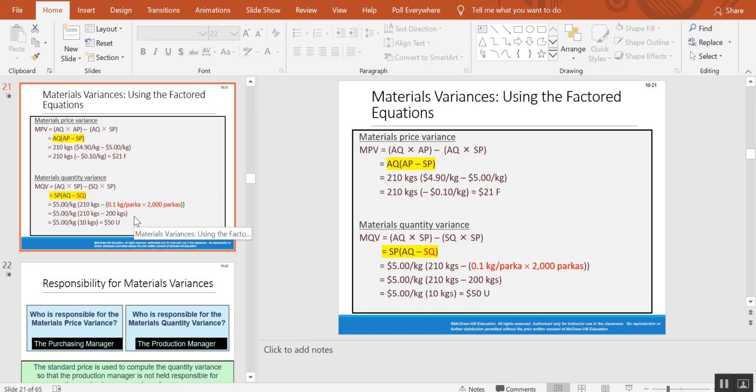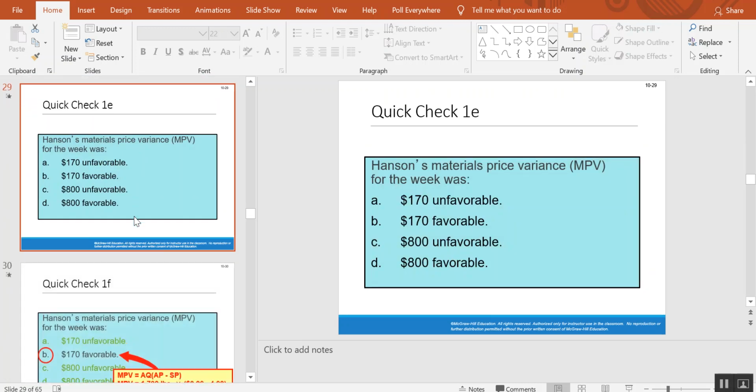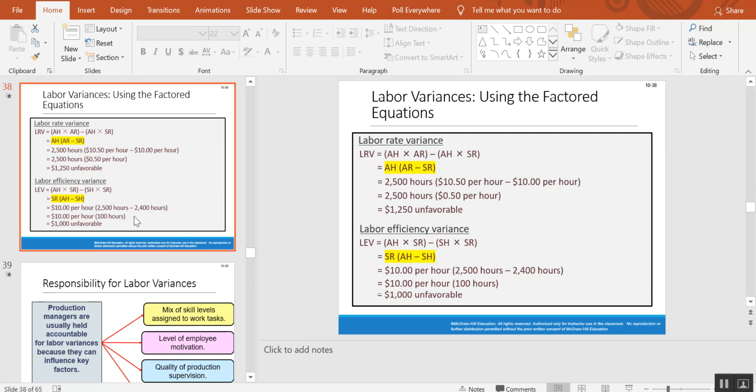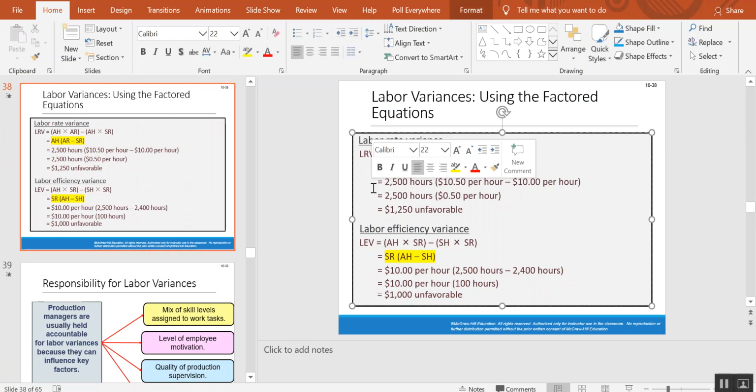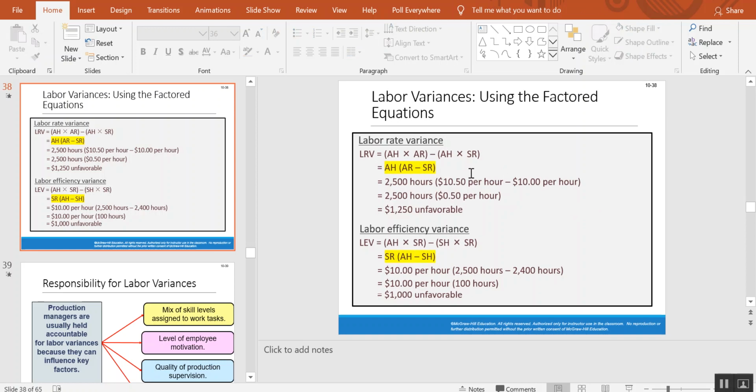That's for materials. But the concept of that will follow very closely with labor, but we're going to call these variances something else with labor. Rather than a price variance, it's going to be a rate variance. And instead of a quantity variance, it's going to be an efficiency variance. So if you look here in this slide, the next slide that I've highlighted, these are the labor variances.